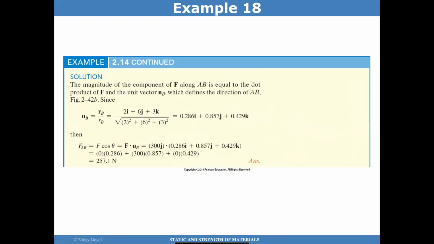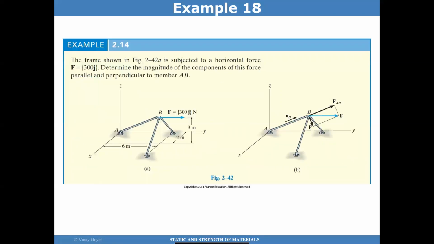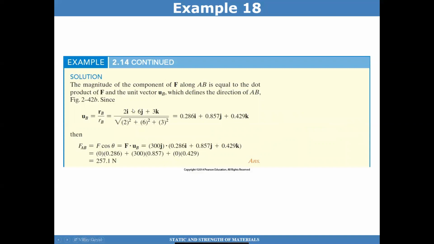So the magnitude of the component of F along AB is equal to the dot product of F and the unit vector UB. And that will define the direction AB. I know, because if I know the coordinates of this point, 0, 0, 0, I can figure out the coordinates of this point. That's not very hard. And so then I can find the vector, which is basically 2i plus 6j plus 3k.